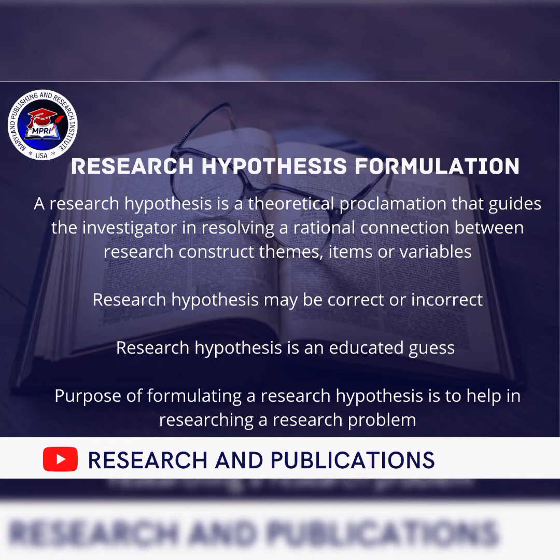Research hypotheses could end up being either correct or incorrect after the experimentation. It is just an educated guess. However, the purpose of formulating a research hypothesis is to help in resolving a research problem.